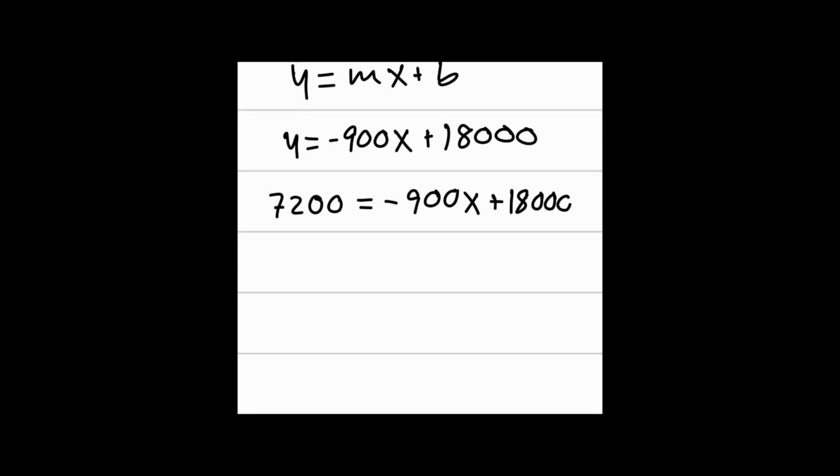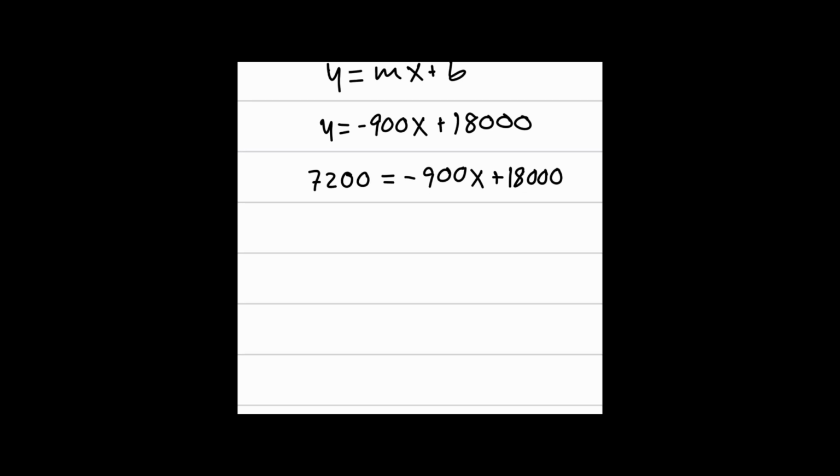And to find the number of hours that will have passed when 7,200 gallons of water remain, I'll just have to solve this equation for x. So I'm going to start off by subtracting 18,000 from both sides. And when I do that, that's going to give me negative 10,800 equals negative 900x.